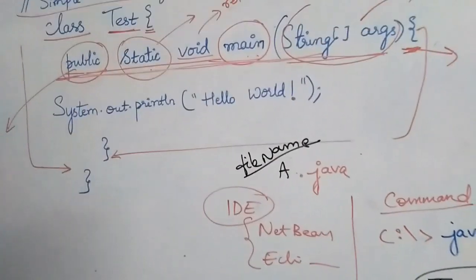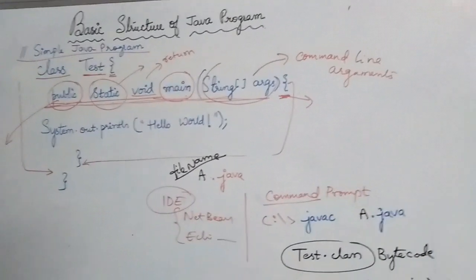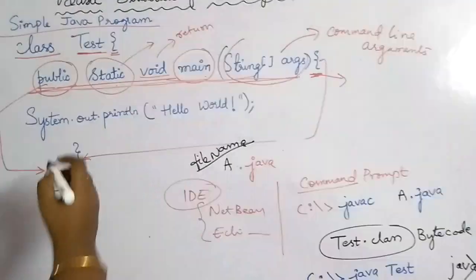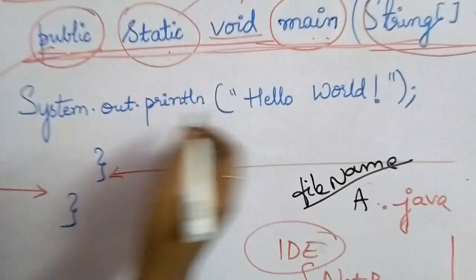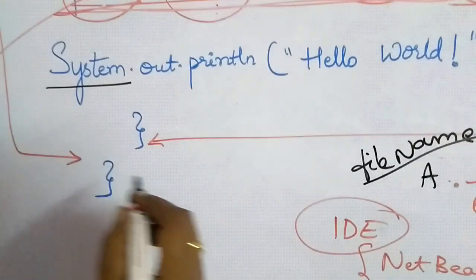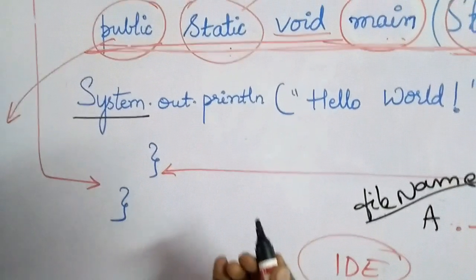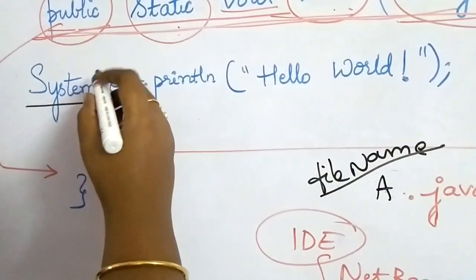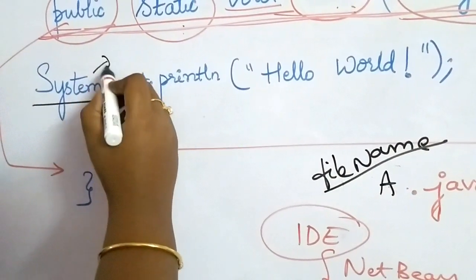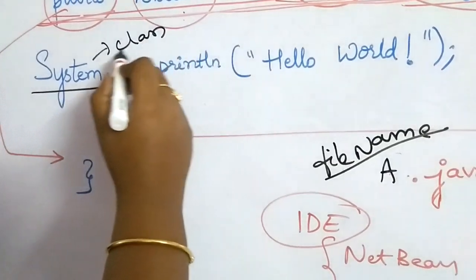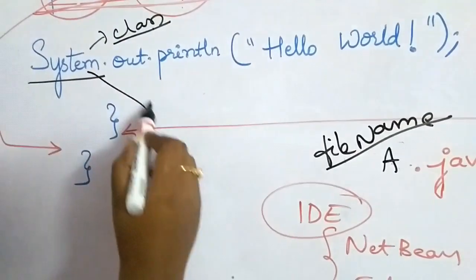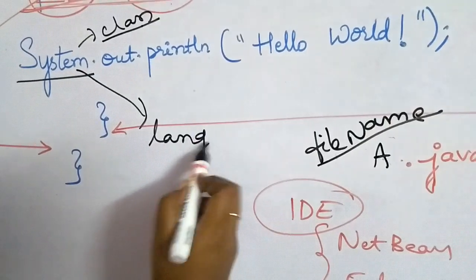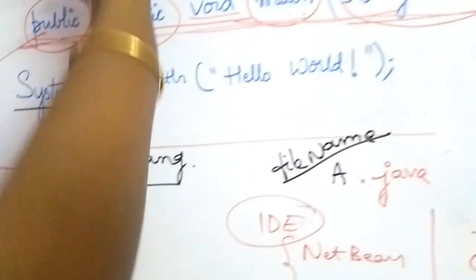Now I just wanted to tell you about this System.out.println. System.out.println are predefined classes and methods provided in your API. System is the class name. This class is there in your lang package. Since this is there in your lang package, we are not importing anything.